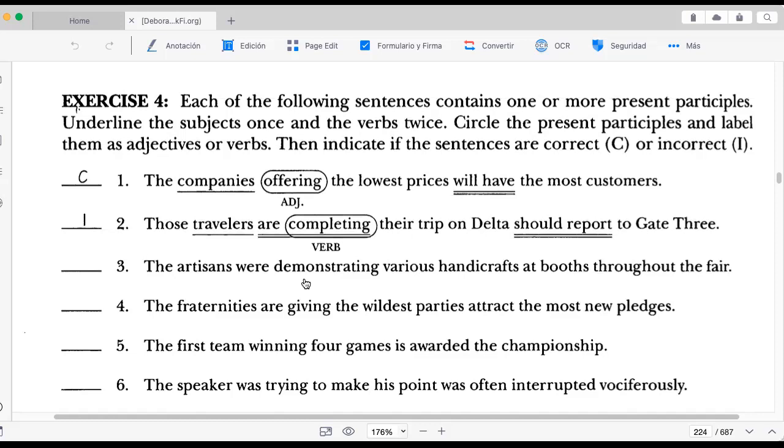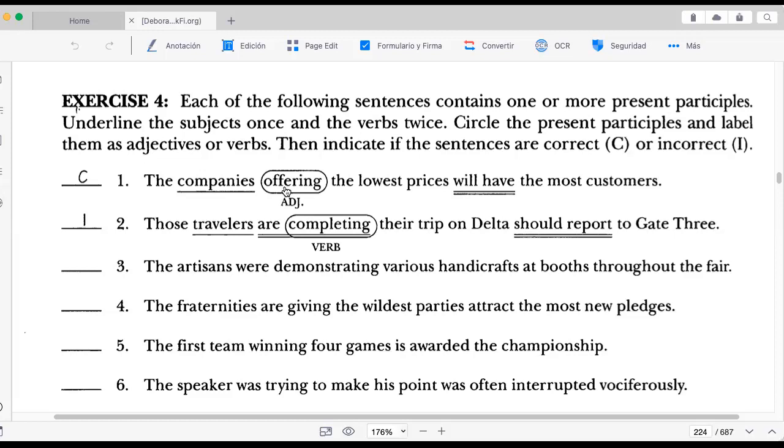The companies offering the lowest price will have the most customers. So we have to recognize first the subject, and the subject will be companies. We underline it once. Now we must find the verb. The verb in this case will not be offering. Why? Because we don't have a verb between the noun and the word offering.